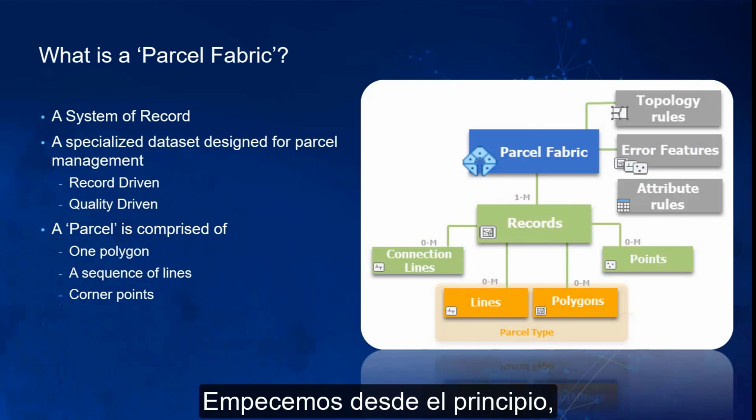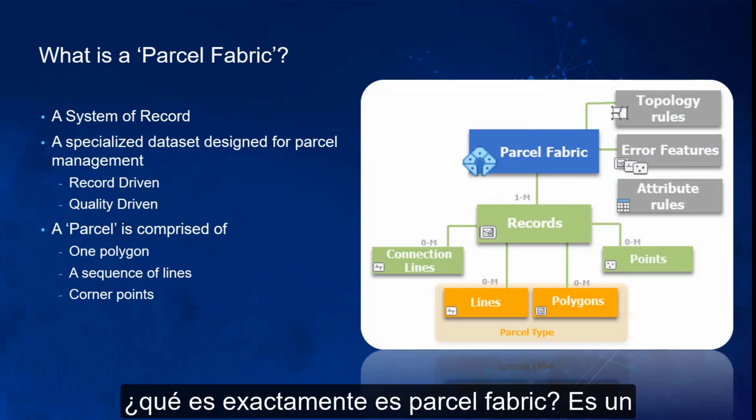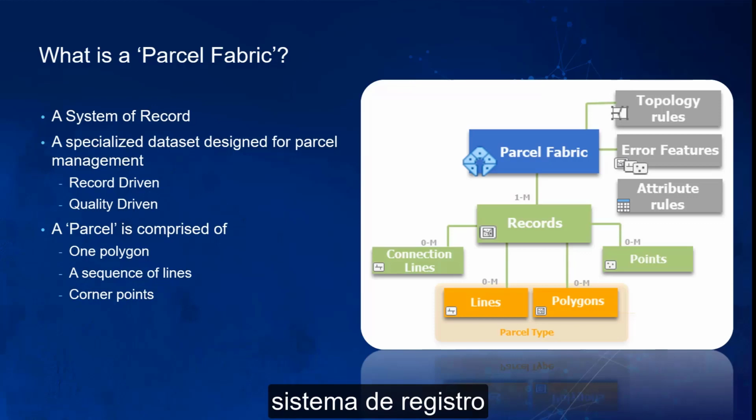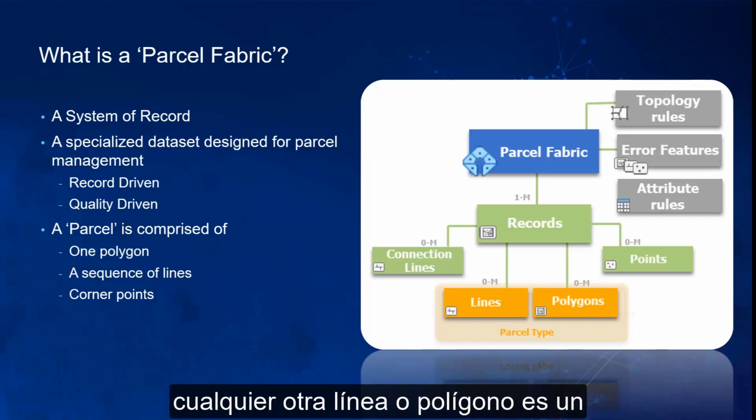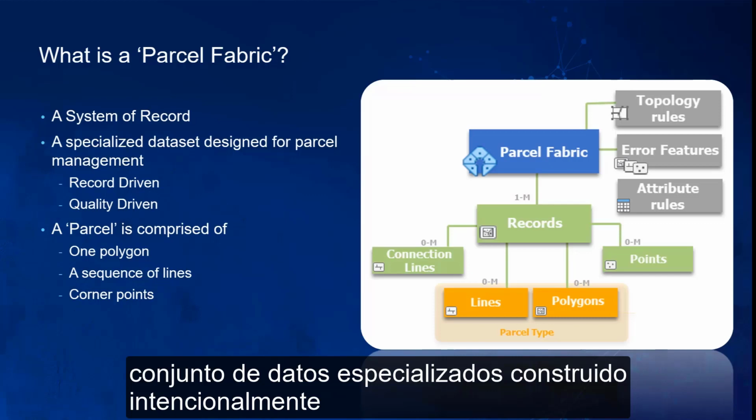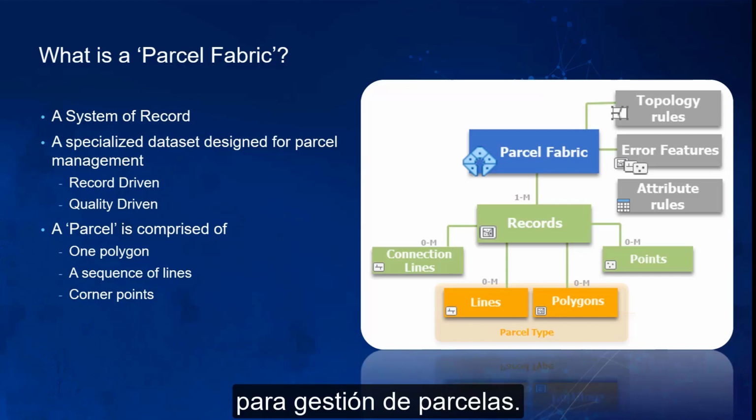Let's start at the beginning. What exactly is a parcel fabric? It is a system of record. Instead of managing parcels as you would any other lines or polygons, it is a specialized data set intentionally built for managing parcels. It gives you multiple ways to improve the quality of your data using record-driven and quality-driven workflows.